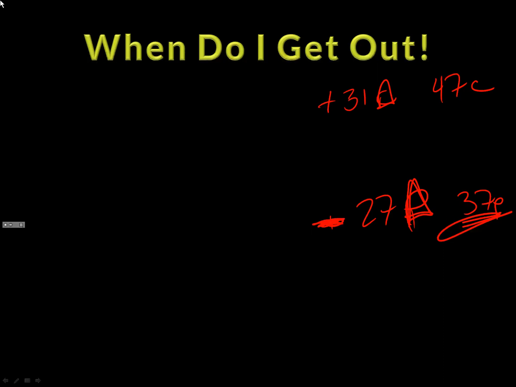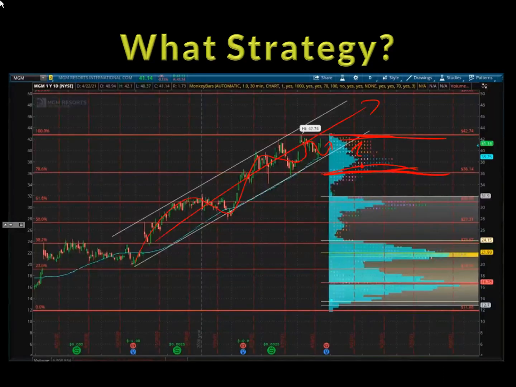I go back to the chart here. Let me erase all this old stuff. If I draw a line across from here, where does that line up with? 38. Well, my put is below that strike location. On a swing trade, this is more aggressive swing trade methodology.